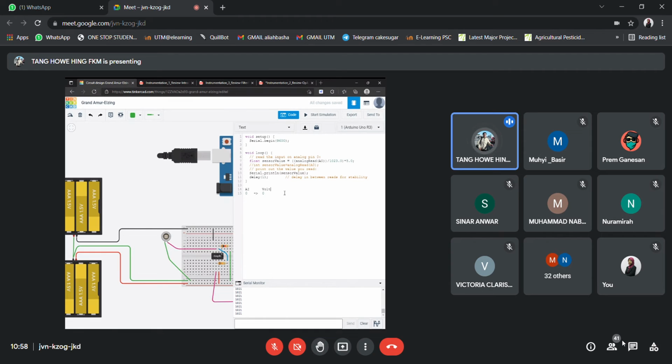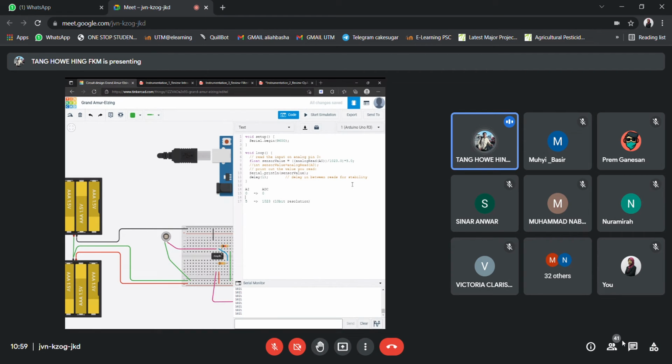And when the analog input is 5 volt, supposedly it should give us 1023. This 1023 is because it is a 10-bit resolution for the Arduino Uno. All right, and therefore we want to get the sensor value.